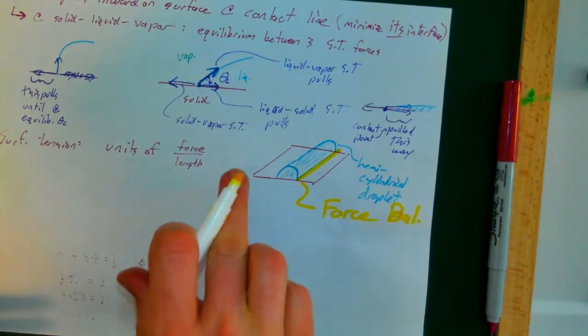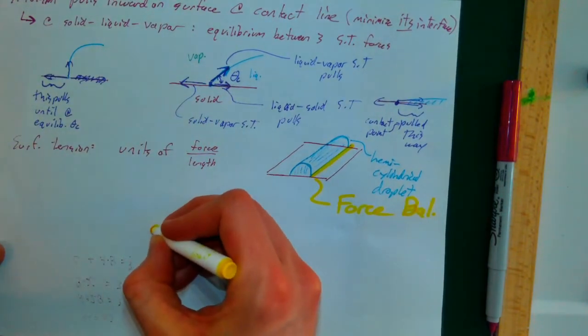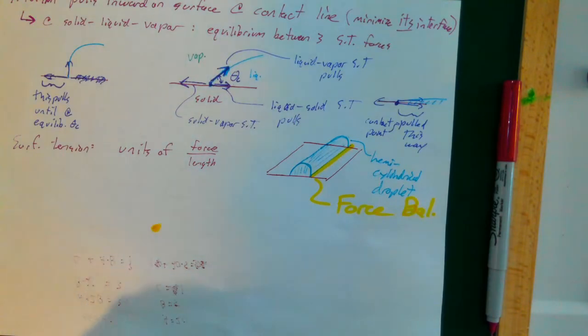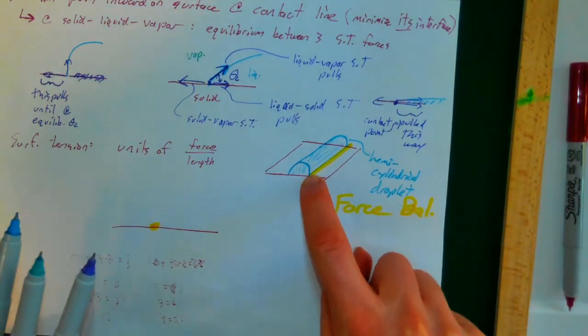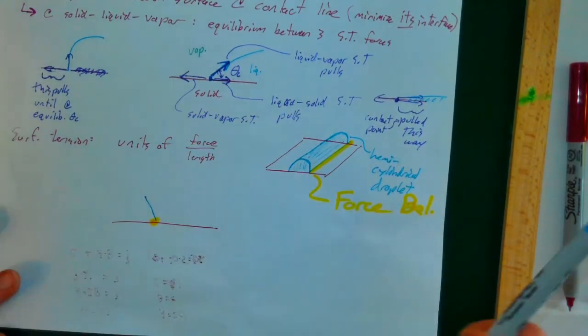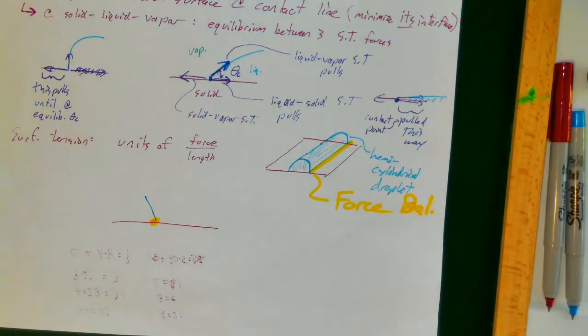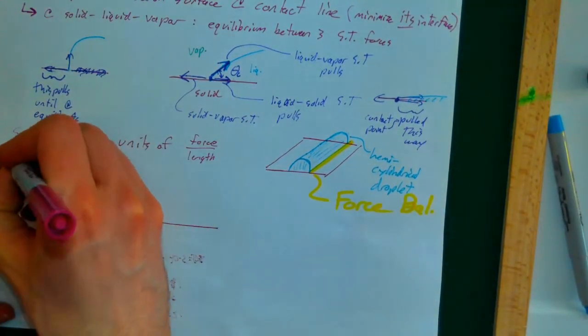So I'm going to return to this side view right here. Here I have the line. Here's the solid surface. If I draw it from this side, here's the liquid interface. Surface tension is oftentimes given the Greek letter gamma.